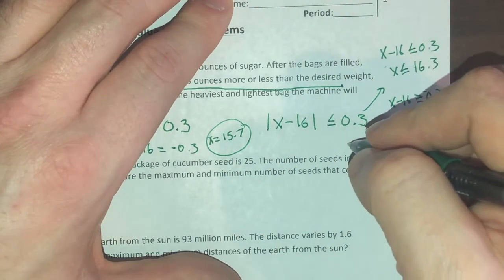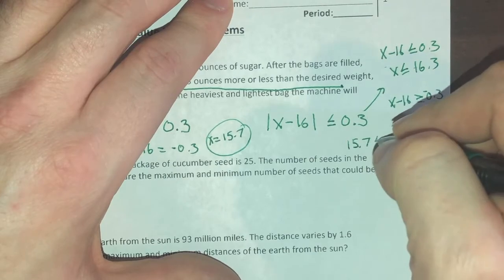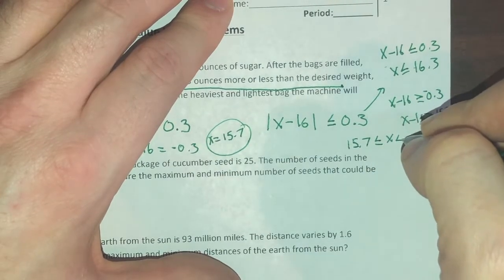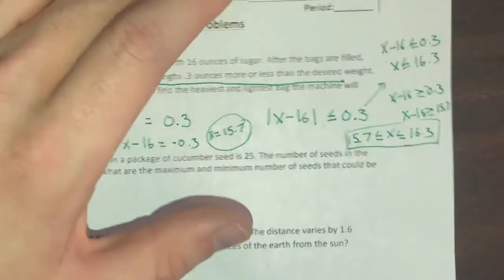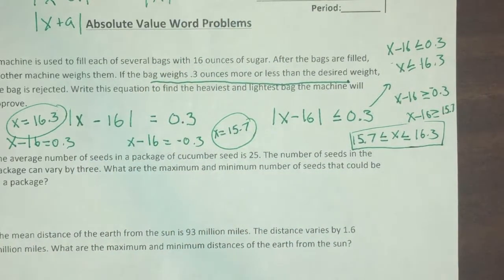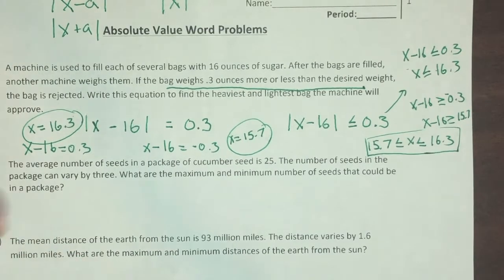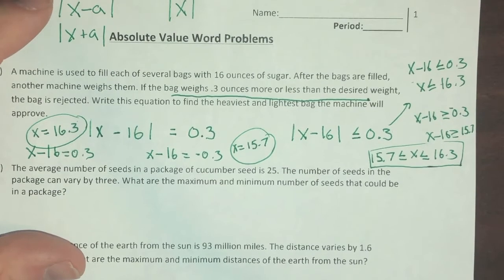So what I get is 15.7 is less than or equal to x, which is less than or equal to 16.3. Okay, it's an and inequality because there's a range of potential values. Generally, most of the time, if there is an inequality, it will result in an and, but you have to read the problem to know whether that's true.